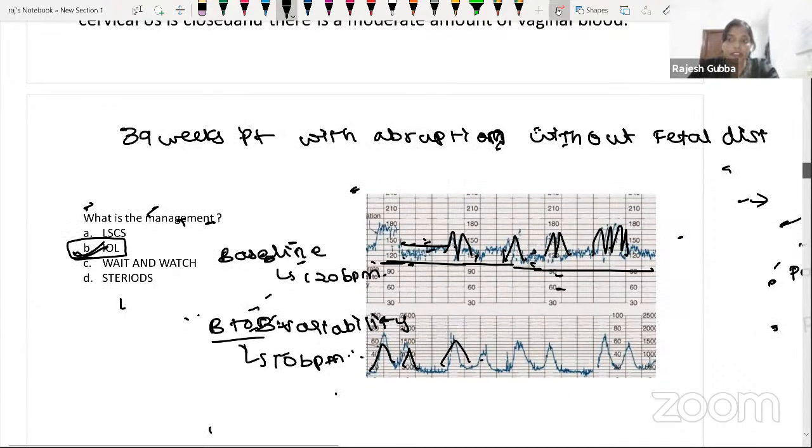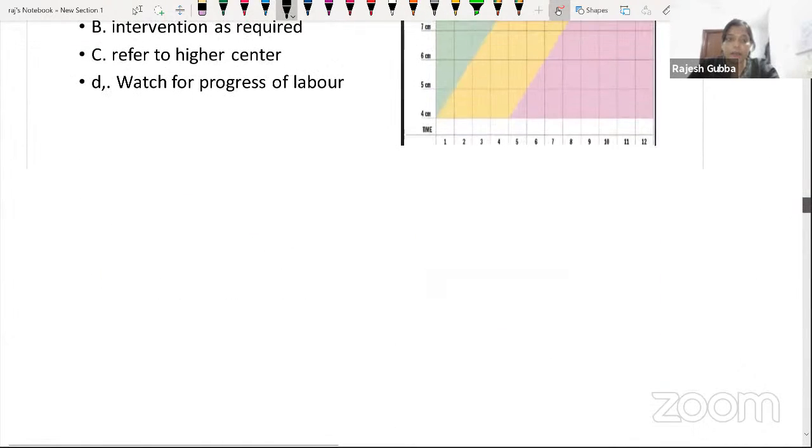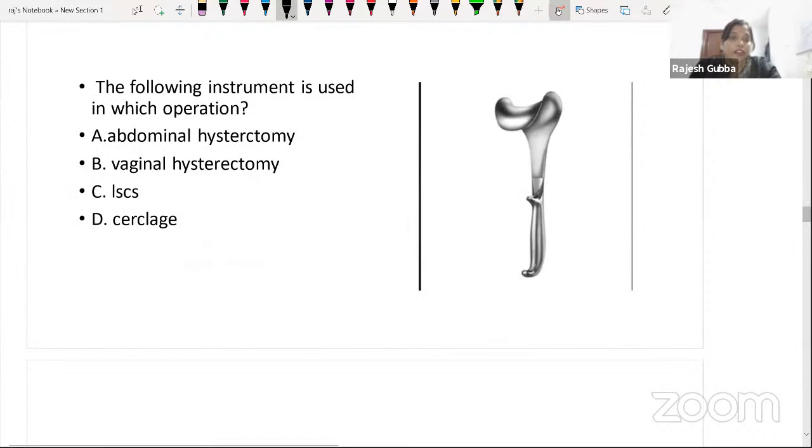So I hope we are clear with this. Let's do one more question. The following instrument is used in, what is this instrument? And where do you very commonly use this instrument?